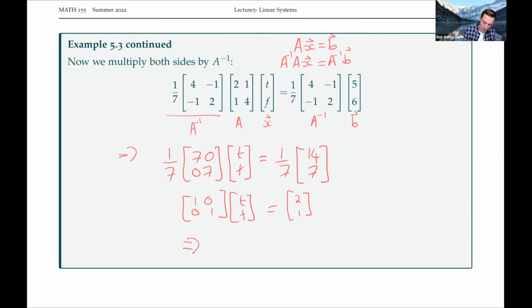And because the identity matrix times anything is just whatever that thing was, this gives us TF is equal to 2, 1. So tomatoes cost $2 and figs cost $1.